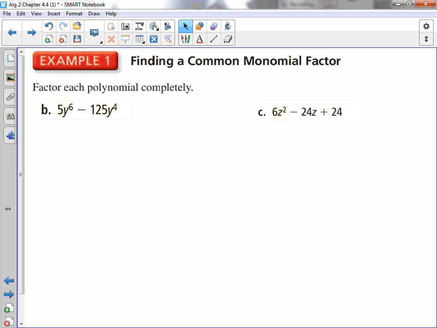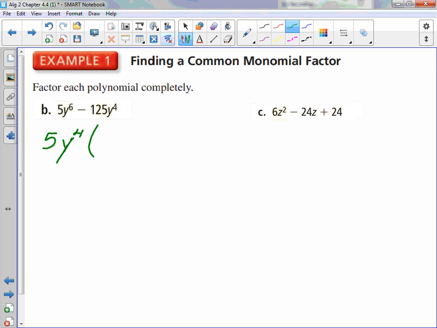Looking at this first one here, 5y to the 6th minus 125y to the 4th. Is there a greatest common factor between these two? 5y to the 4th, because there's at least 4 y's in both of them, and 5 will go into both 5 and 125. 5 divided by 5 gives me 1.